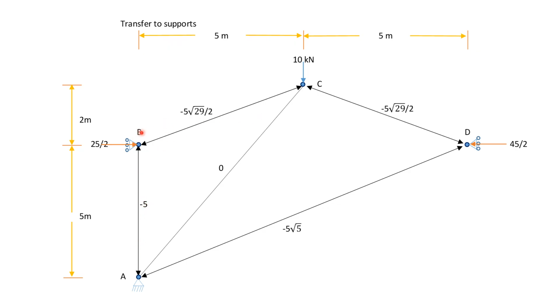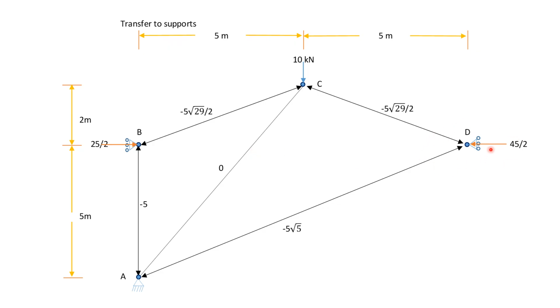That will balance the vertical component from the force in BC. And to balance the horizontal components, you need a horizontal force of 25/2 horizontally from the support at B. That's to balance this. So this will give you equilibrium at B.